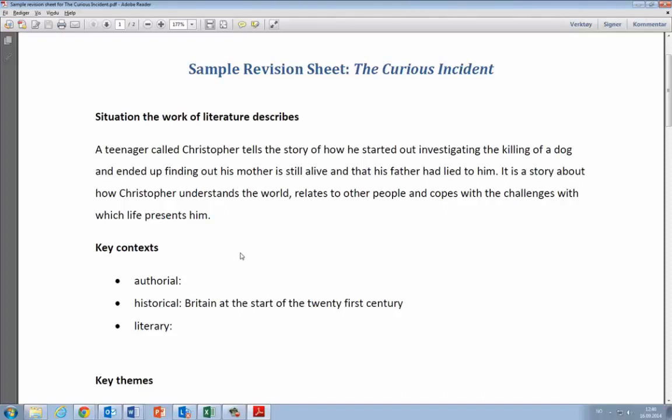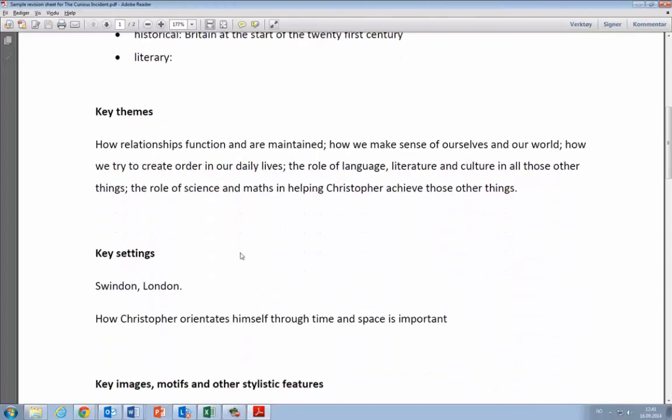Or there may be something important about the author, his or her political beliefs, for example, their upbringing, where they come from, whether they're a man or a woman, these kinds of things. Now, as I said, personally I don't think any of this is especially important for the curious incident, but it's certainly very important for some of the other texts on the reading list.